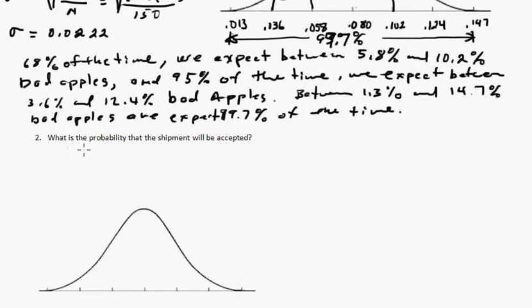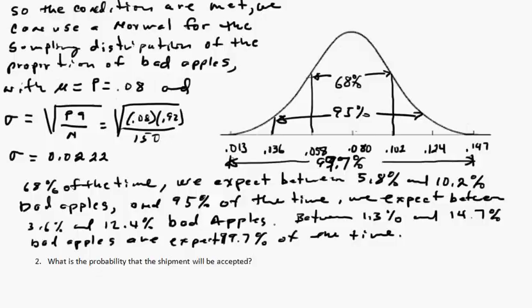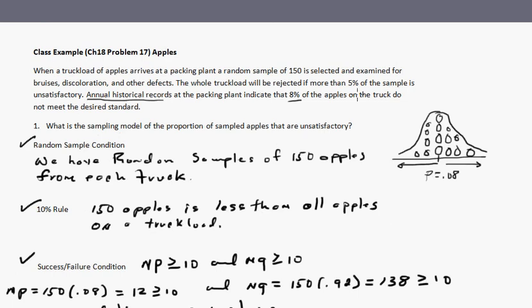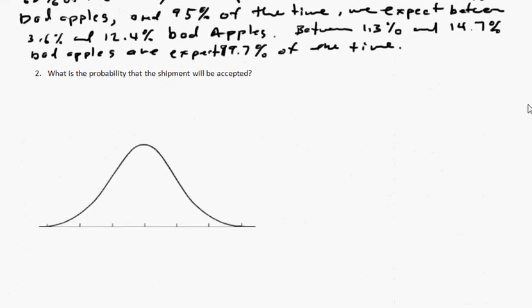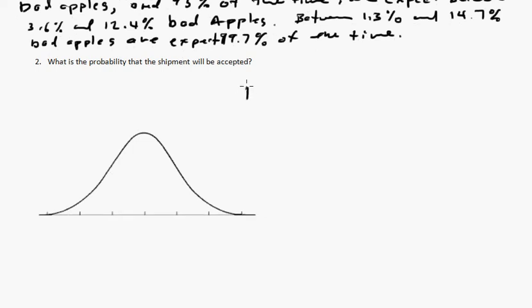Now they want to know the probability that the shipment will be accepted. Remember, in the information we're given, it has to be less than 5%. So they want to know the probability that p hat, the sample proportion, is less than 0.05.